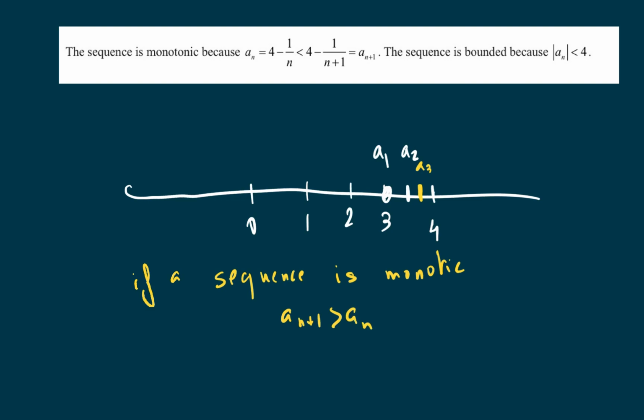It is true. a sub 1 is 3, a sub 2 is 3.5, a sub 3 is 3.75. It goes always to the right. a sub n plus 1 is always bigger than a sub n. When this pattern doesn't change, we say that we have a monotonic sequence.